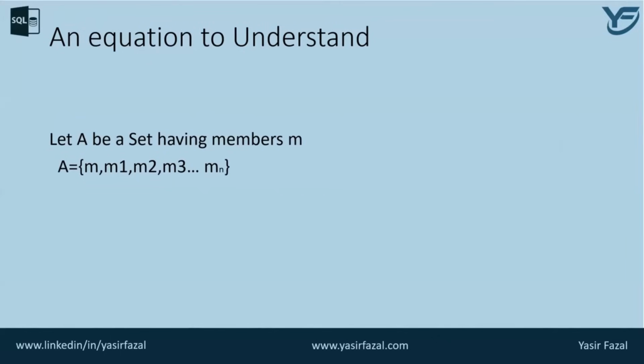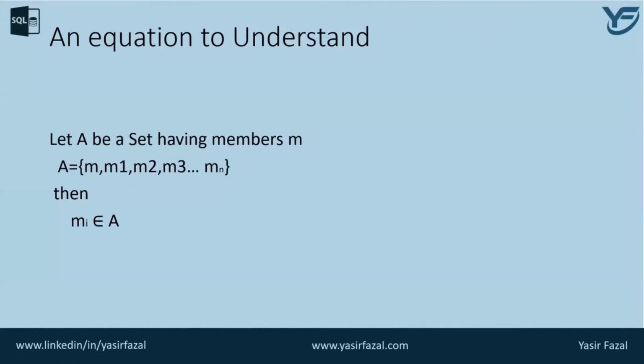Whenever I pick any element from that certain set, I will say that member belongs to A. So Mi stands for any member which is in this set. This symbol ∈ means belongs to the set A.